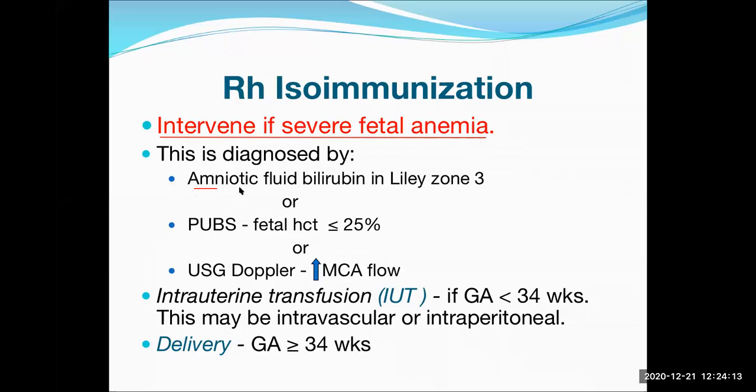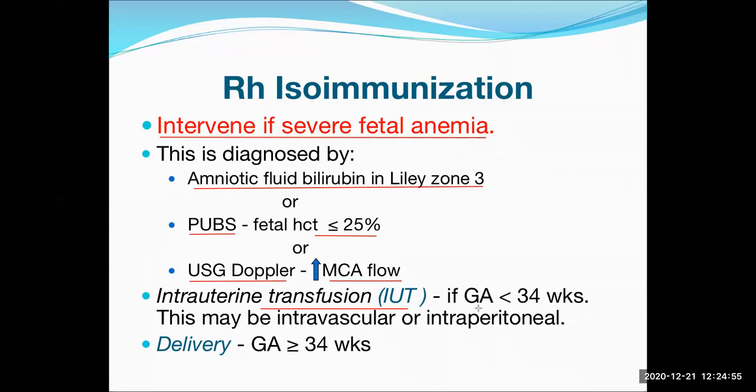That is known by amniotic fluid bilirubin in Lilly zone 3, the uppermost zone, or percutaneous umbilical blood sampling shows fetal hematocrit less than or equal to 25%, or Doppler ultrasonography shows increased middle cerebral artery flow. So all of these show fetal anemia is severe. So we need to go for some intervention. Intervention means some management. We cannot wait any longer. And that is done by intrauterine transfusion.